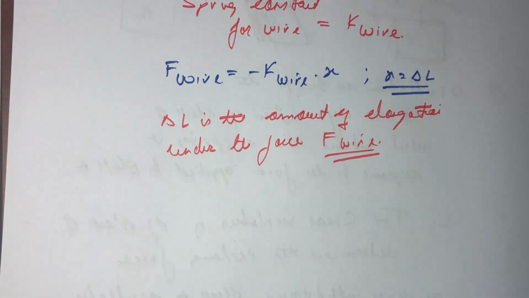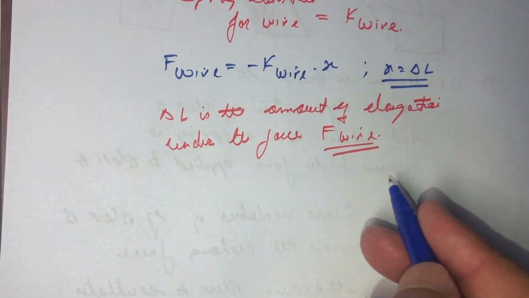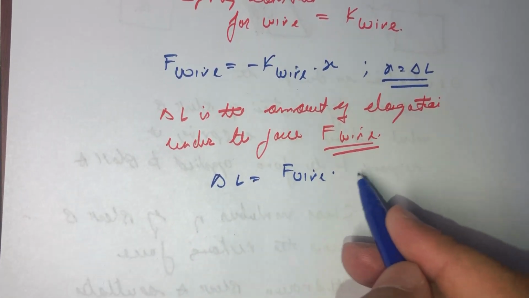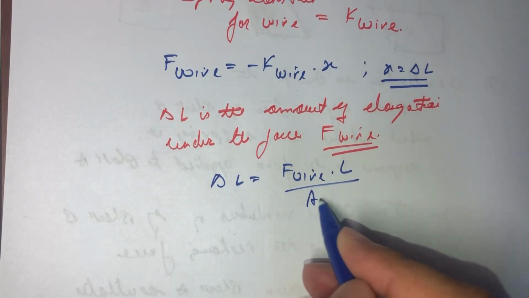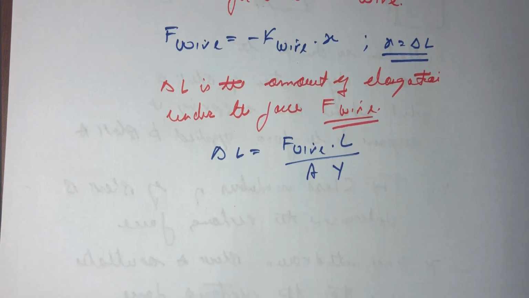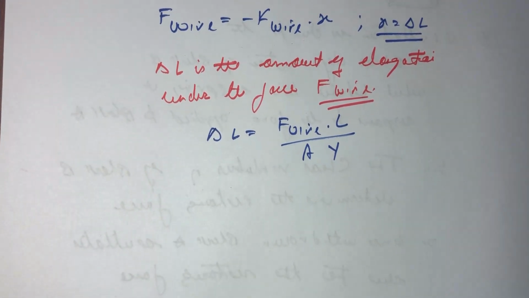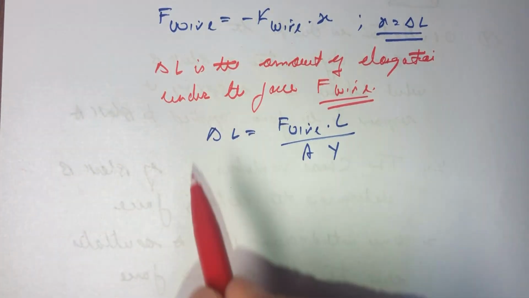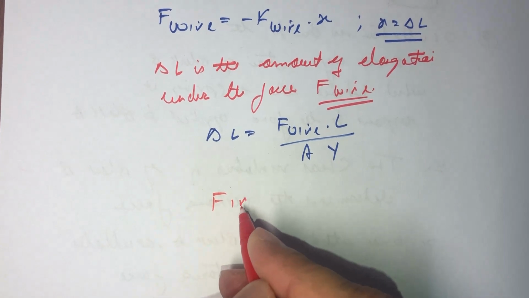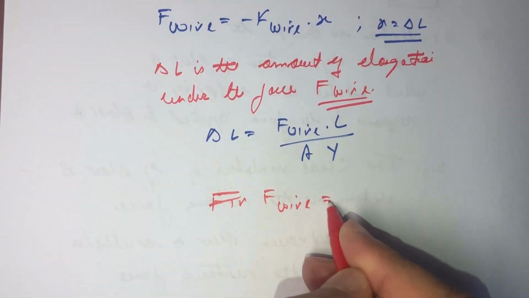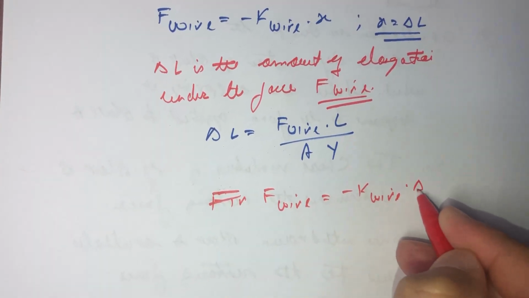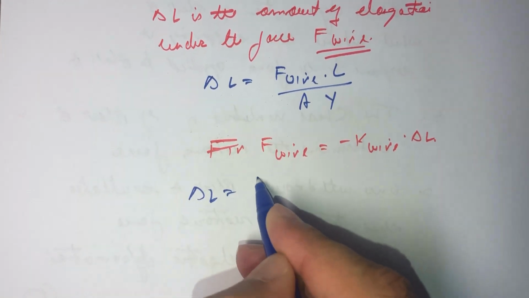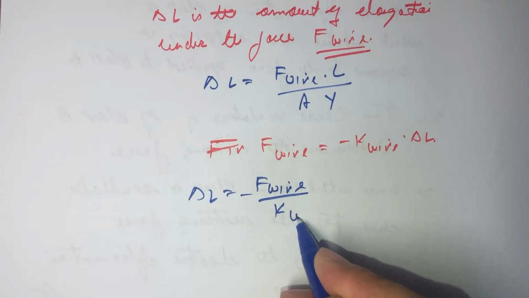Therefore we can also write that this delta L will be equal to F wire multiplied by the total length L, divided by the area A multiplied by the Young's modulus of elasticity Y. So we can write that F wire is equal to minus K wire into delta L. So from here we can find our delta L. So delta L is equal to F wire upon K wire.